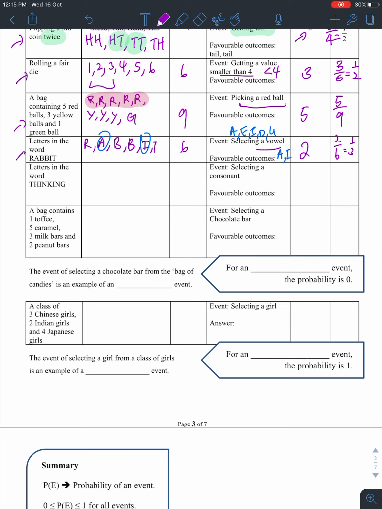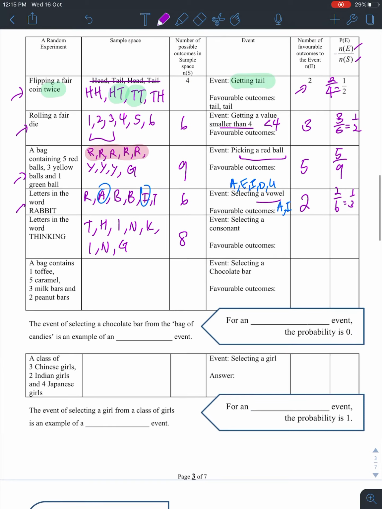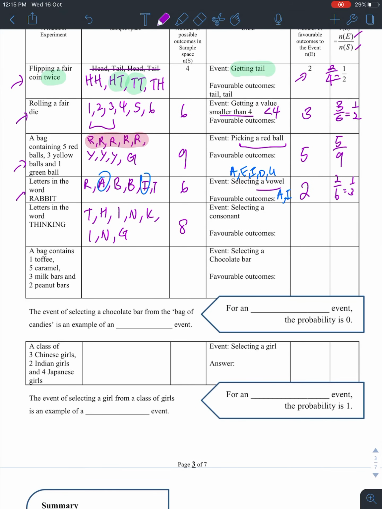Okay, the second last one, letters in the word thinking, you should be able to easily deduce. We have T, H, I, N, K, I, N, G. So these are the 8 possible outcomes in our sample space, right?